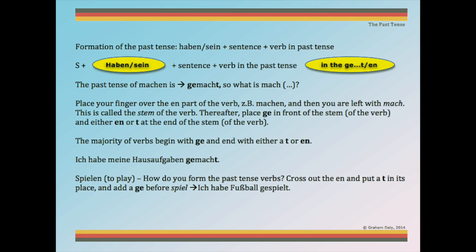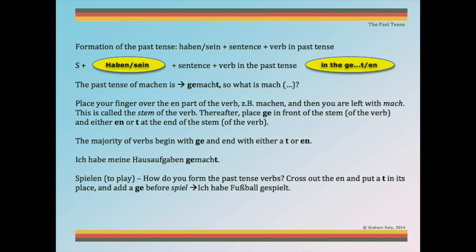And within this plus sign, you're going to write sentence and underline it. And what I mean is that you have the haben and sein list, and then after that, you're going to say the sentence, whatever you want to say in German. After the sentence, or the body of the sentence, the main part of the sentence, you have another plus, and you're going to have the verb in the past tense.